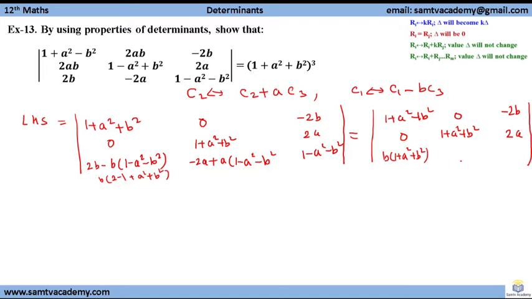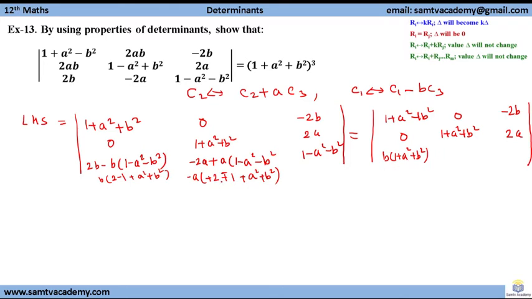Similarly, from here A is common: minus 2 plus 1 minus A square minus B square. So taking minus A common, this will be plus, this will be plus.